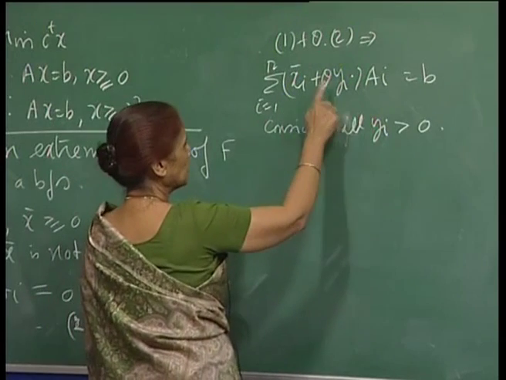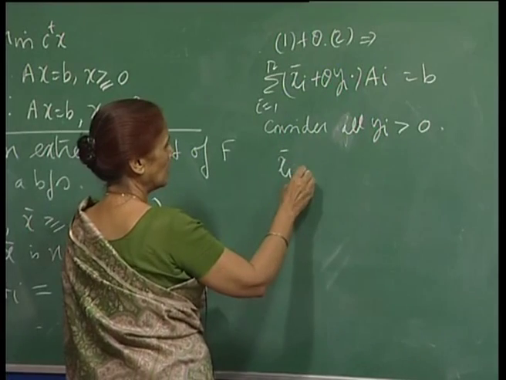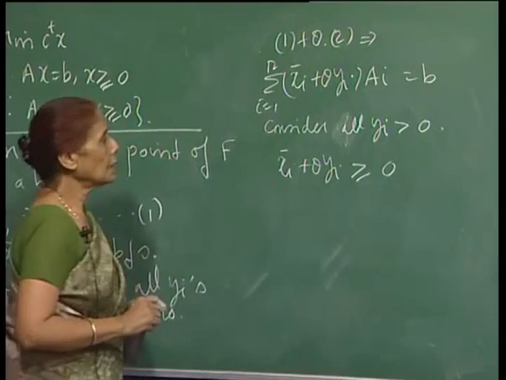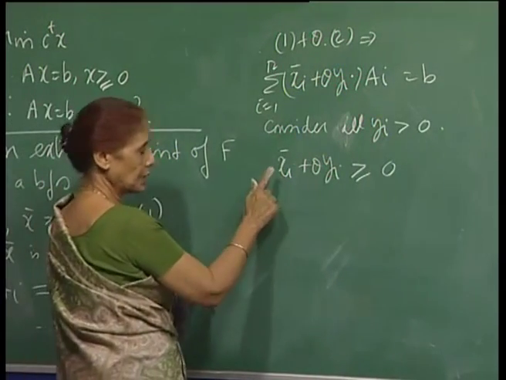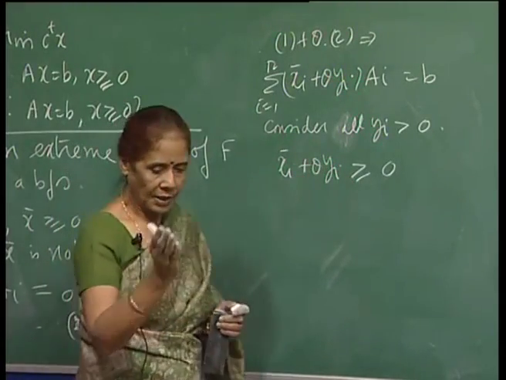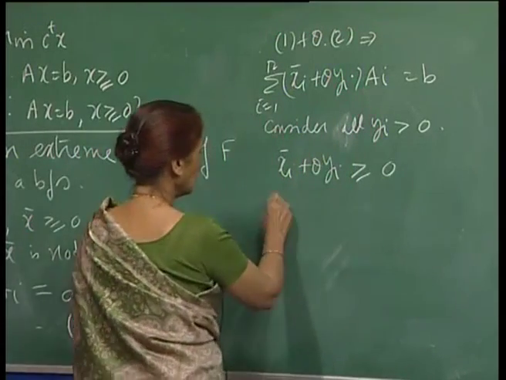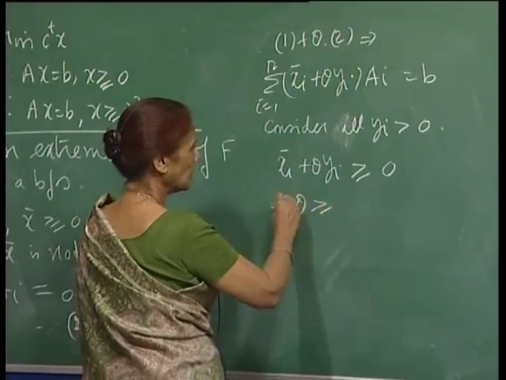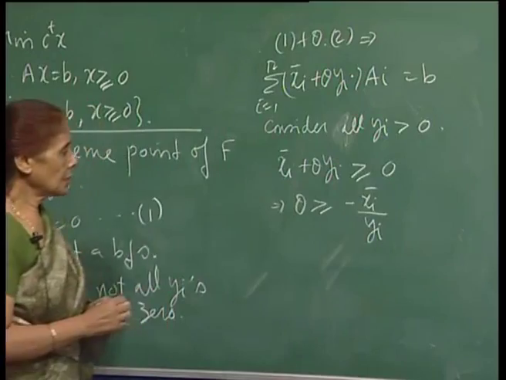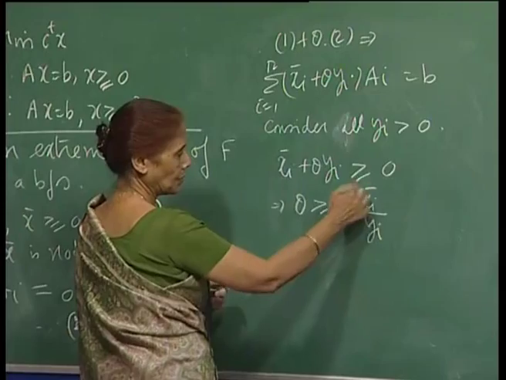So, for all yi's there will be a limit on theta, because I want xi bar plus theta yi greater than or equal to 0. So, that means what we are saying is this is non-negative, this is positive, this is positive. So, if theta is positive, then no problem, but I am trying to find out how far can theta go as a negative number. So, this implies theta has to be greater than or equal to minus xi bar upon yi, which is a negative number, right, because this is positive, this is positive. So, this is the negative number.